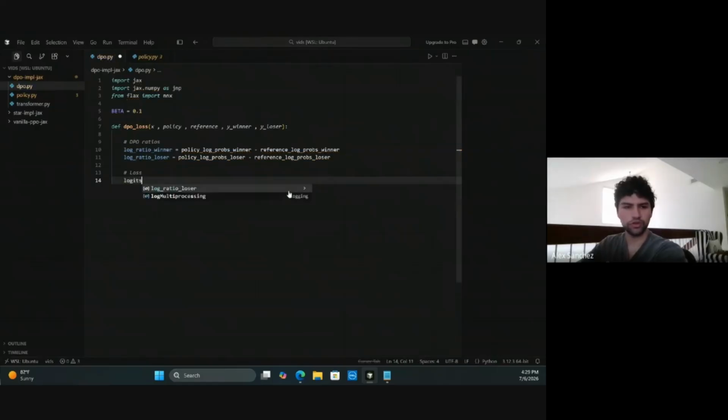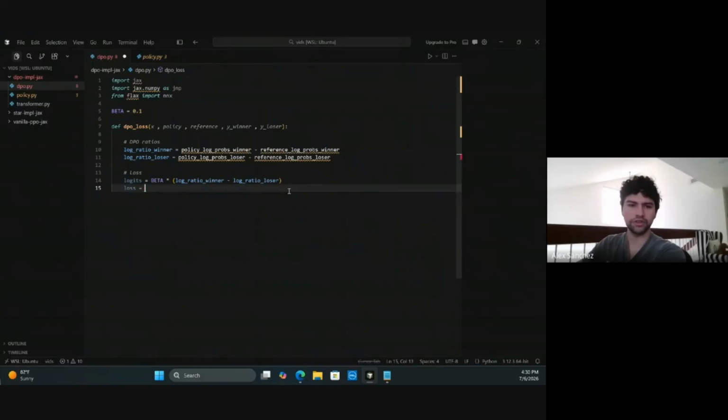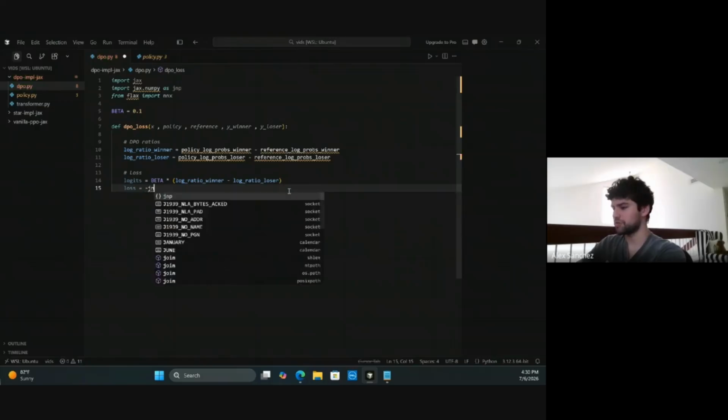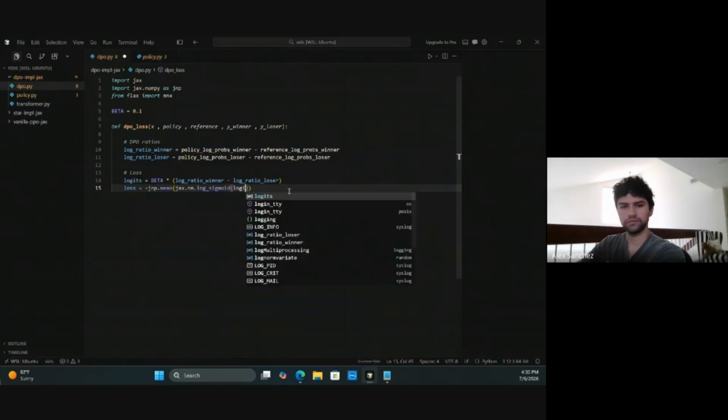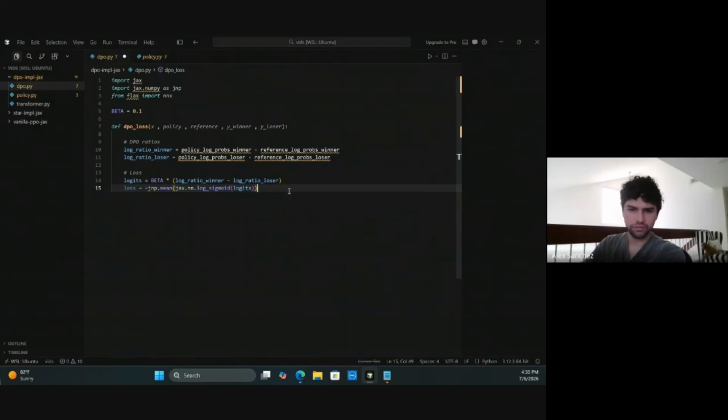Our logits is equal to beta times the log ratio of the winner minus the log ratio of the loser. And then the loss just ends up being the mean of the log sigmoid of the logits. Bad typing day. And that's what we're going to return.